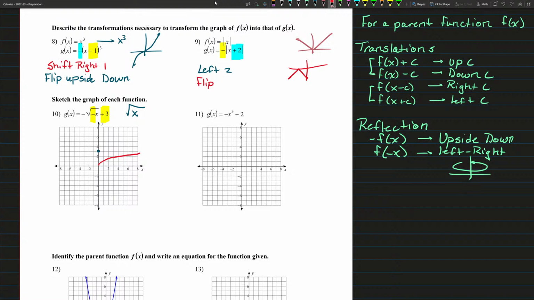The plus 3 says to move it up 3 units. The negative on the inside, so now we're here, says to flip the direction. So original, let's label this.